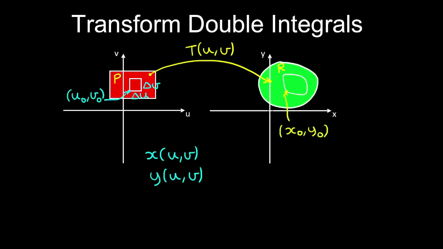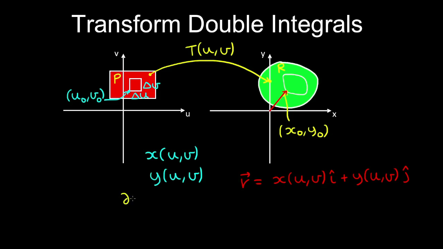Now if we draw a position vector in the xy plane, then this position vector has an x component, which is a function of u and v in the i direction, and a y component, also a function of u and v in the j direction.